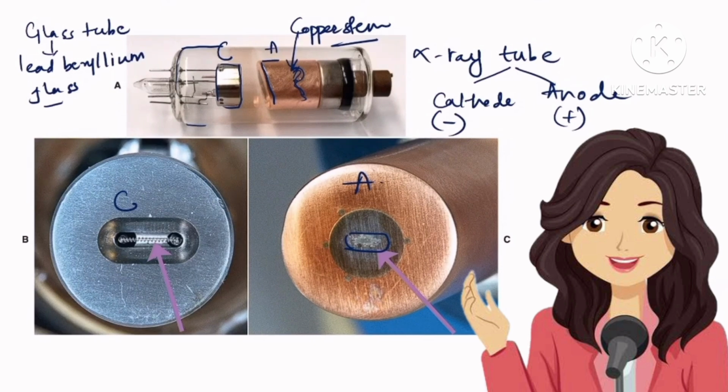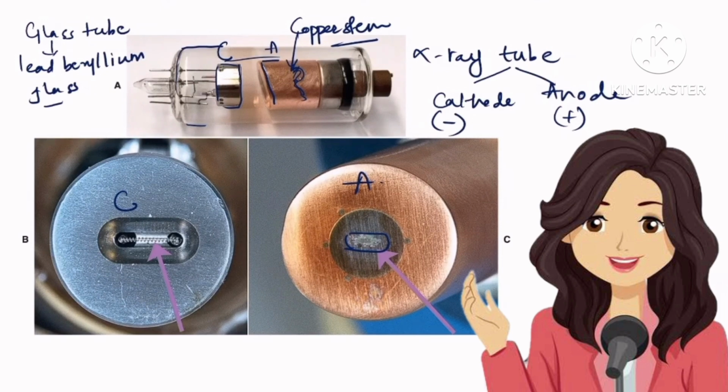Now I will ask this question after I teach you how the X-rays are produced: why is a vacuum created inside this glass tube? There is a glass tube which is evacuated completely. Why are they evacuating the X-ray tube? I'll ask you after I teach X-ray production.